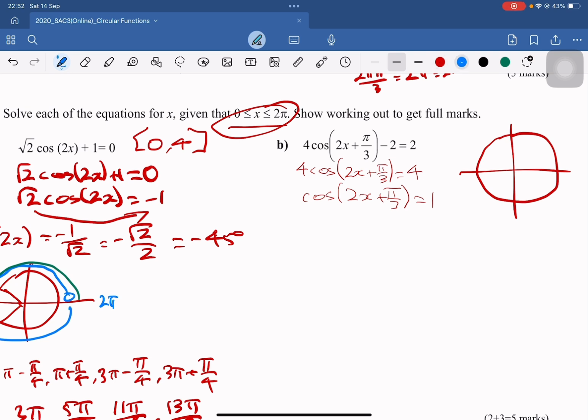So x equals 1 here. And so we do our answers of 2x plus pi on 3 equals, hold on, let me just separate this page. Our answers of 2x plus pi on 3 go from 1, and it goes from 2.